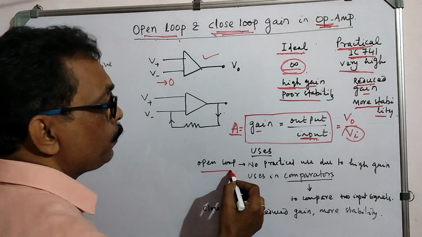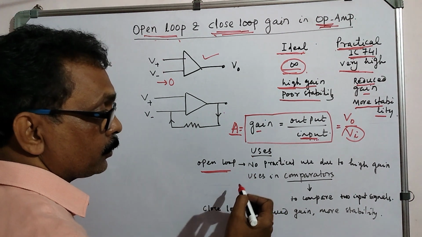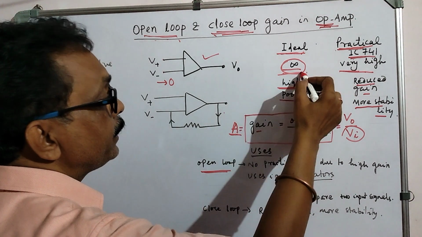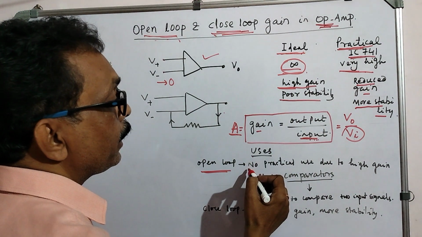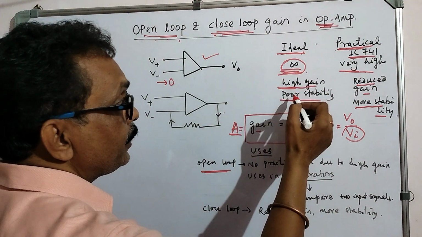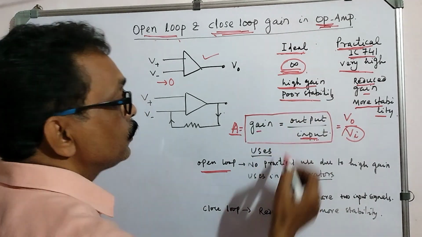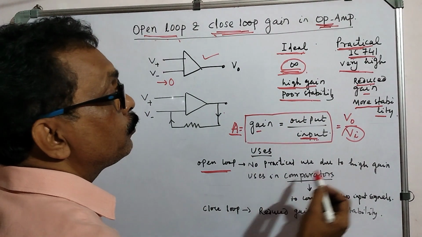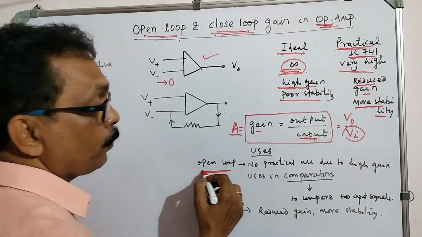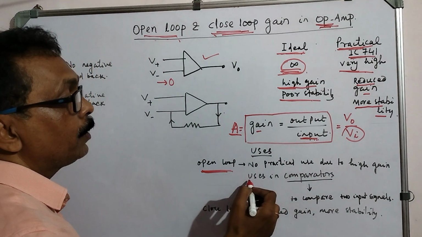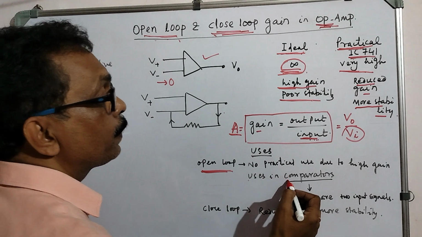In an open loop operational amplifier, as we have discussed, the gain is infinity. Since the gain is infinity and it has poor stability, practically we do not use an open loop operational amplifier, but it is used in comparators.